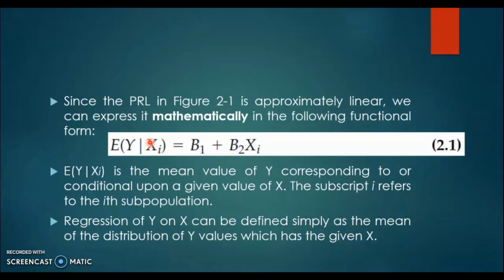In our example, X represents the income level. The subscript i here refers to the i-th subpopulation. Since we have 10 groups of income based on the example of the math SAT score, we will then have 10 subpopulations representing 10 i's.